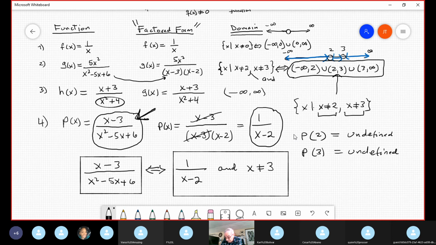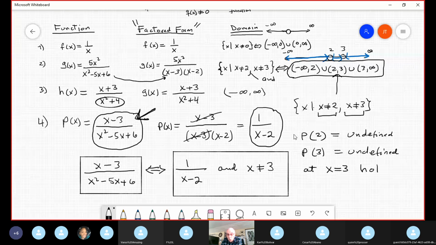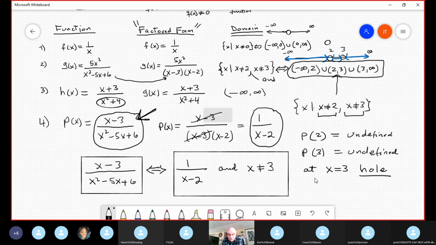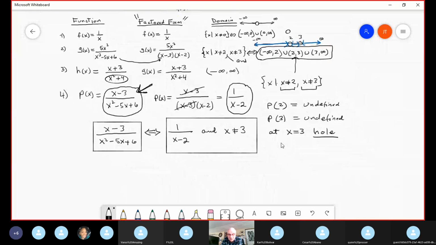But 3 has another connotation different from 2. Because at x equal 3, we have the famous hole.